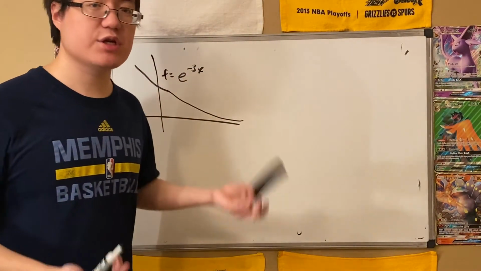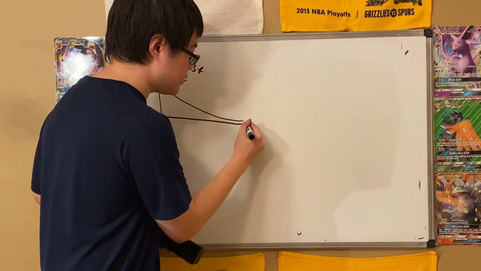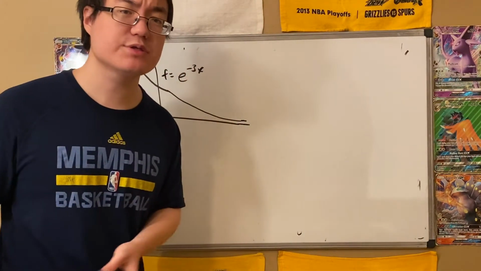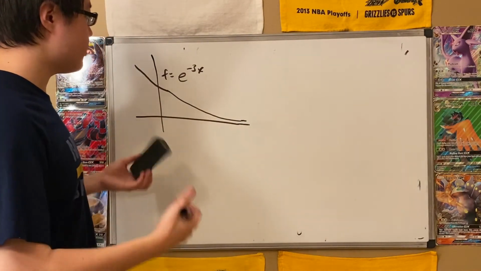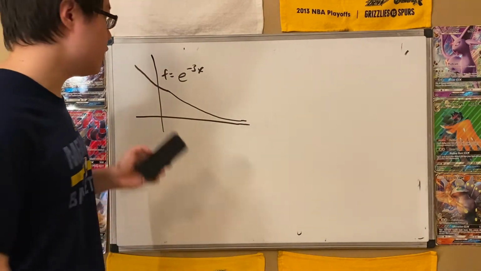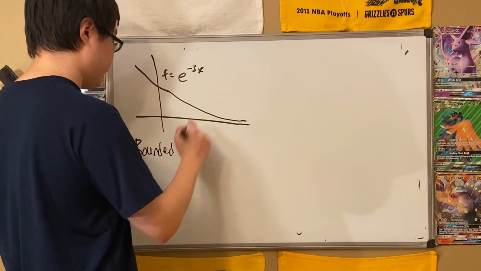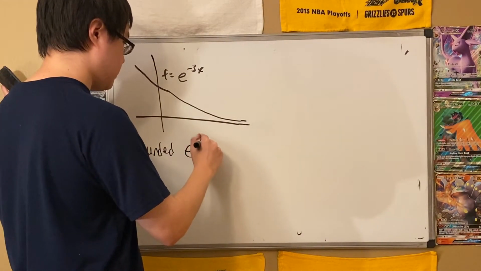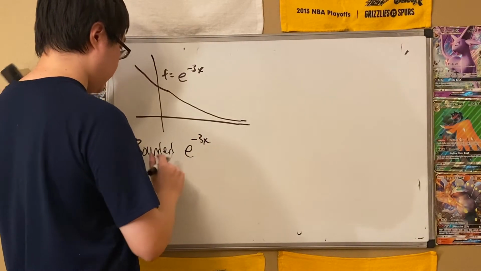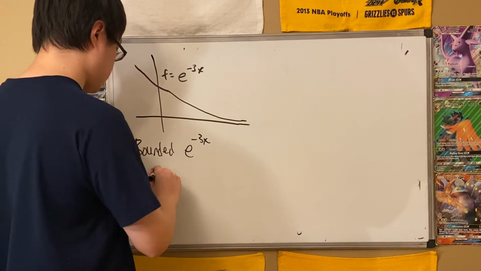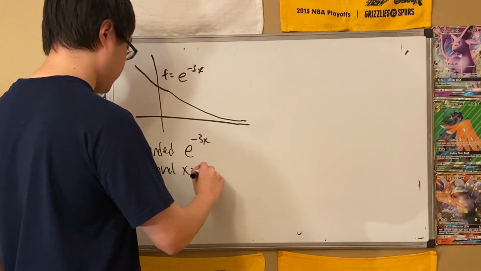Keep in mind that this function goes on forever, and it never touches the x-axis. It gets really, really close to the x-axis, but it never touches it. So what we're going to do is try to find the region R, and the region R is going to be bounded by this function, e to the negative 3x, and also the x-axis and y-axis.